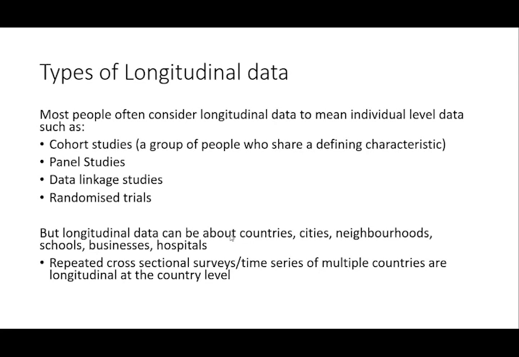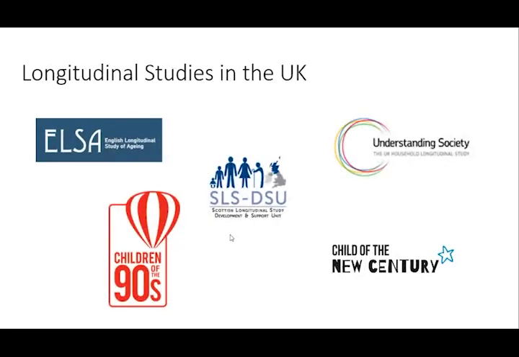Even with something like the European Social Survey, where you survey a cross-section of each country every year or every 2 years, it might not be longitudinal at the individual level, but you still have longitudinal data at the country level.